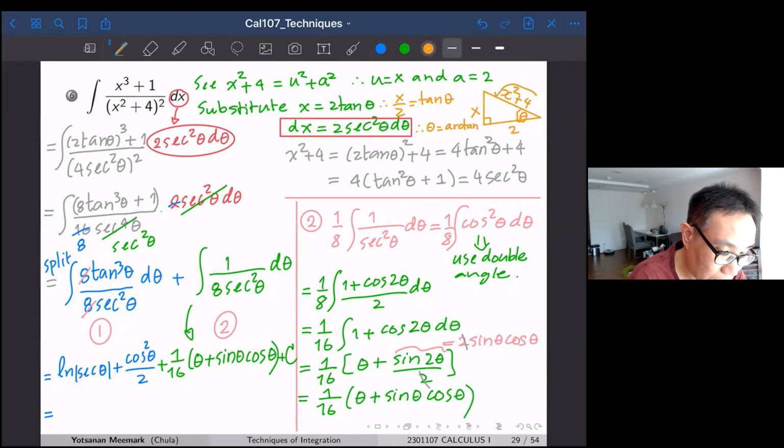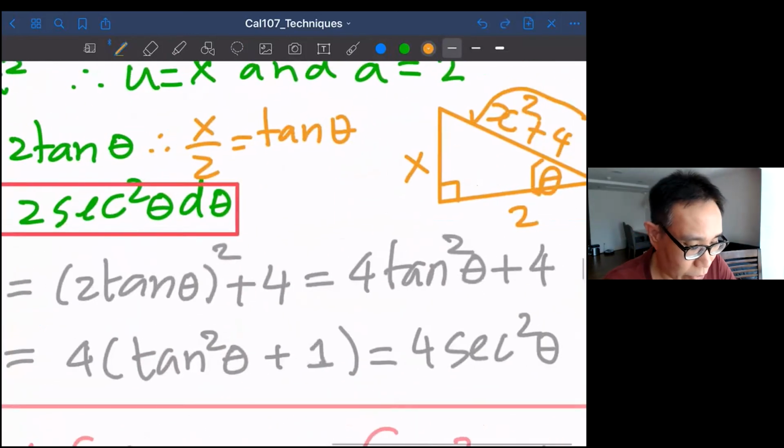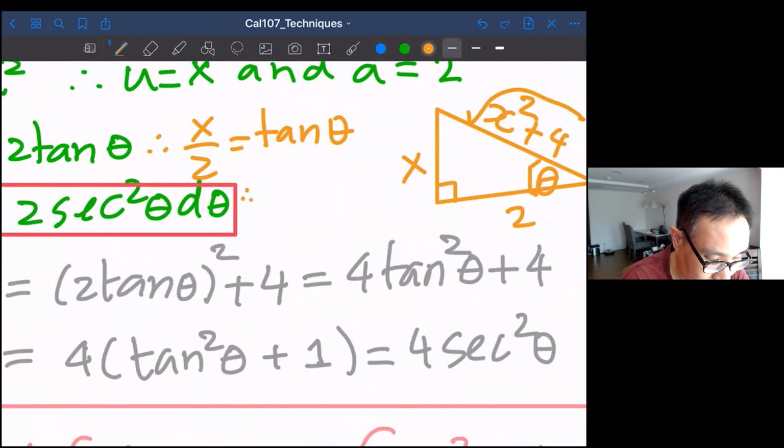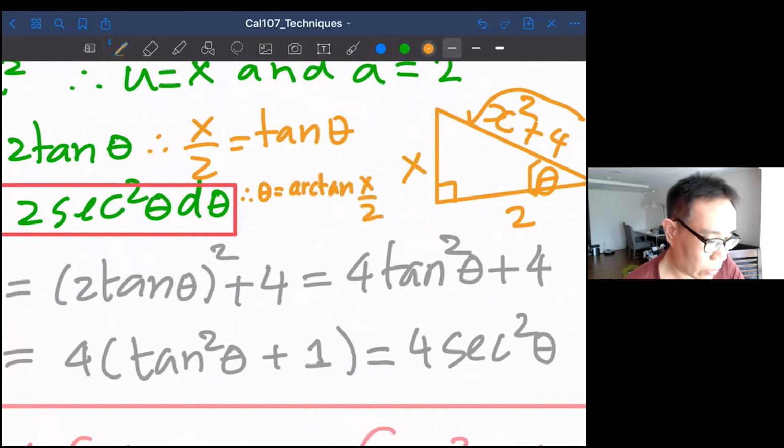I'd like to have more space, so let me enlarge it here. So you get theta equal to arctan x over 2. This is all the thing that you need.